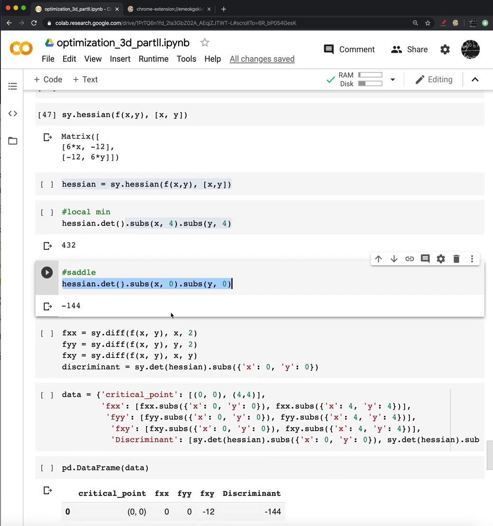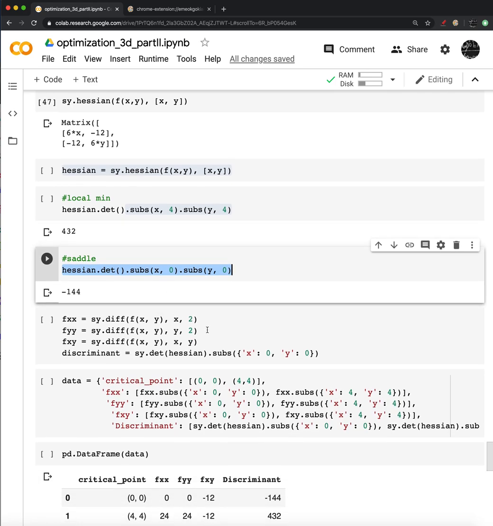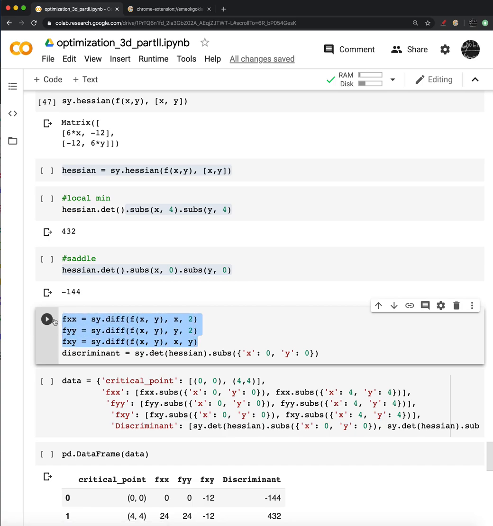Similarly, I can find the symbolic derivatives of any order of that function. So finding the second derivative with respect to x, with respect to y, is as easy as this. Okay, I'm just finding the derivative of my function, specifying what variable I'm differentiating with respect to, and what order derivative I want.